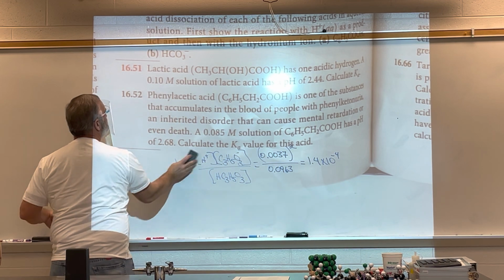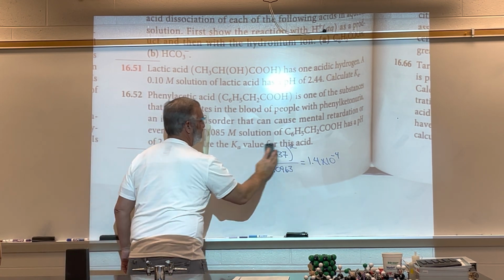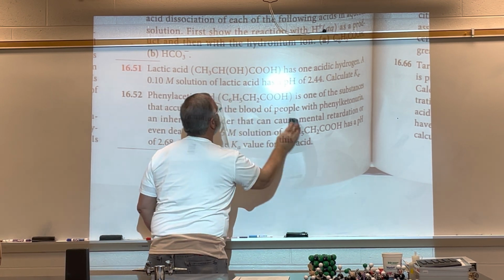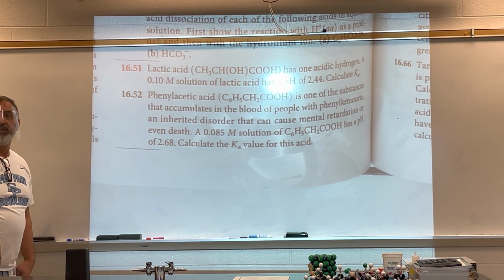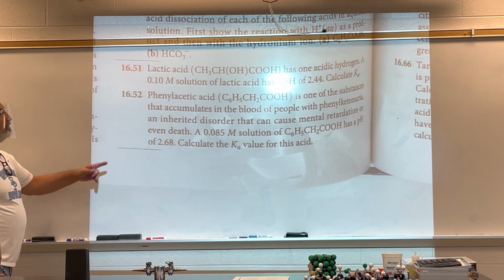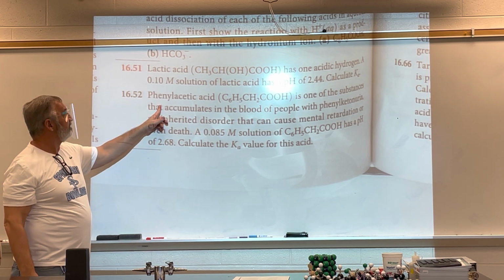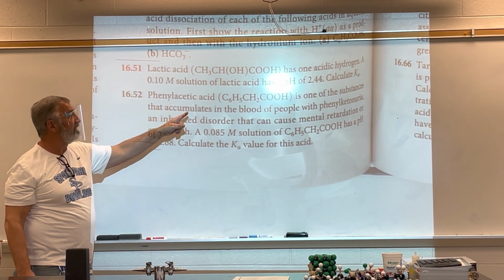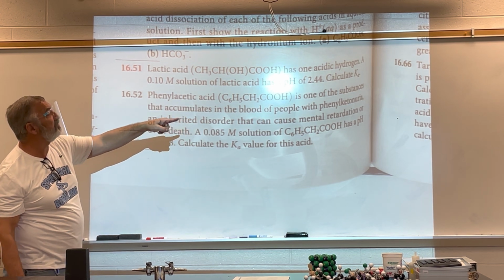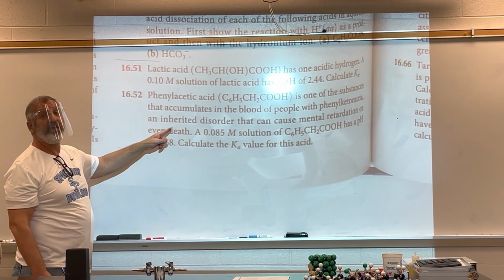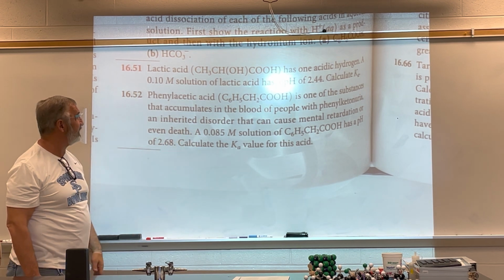I can't remember, did we do these problems or not here? I think I did them in 6th and 7th period, but I don't know if we did these problems here. Okay? Well, let's do this phenylacetic acid. It's one of the substances that accumulates in the blood of people with phenylketonuria, an inherited disorder that can cause mental retardation or even death.